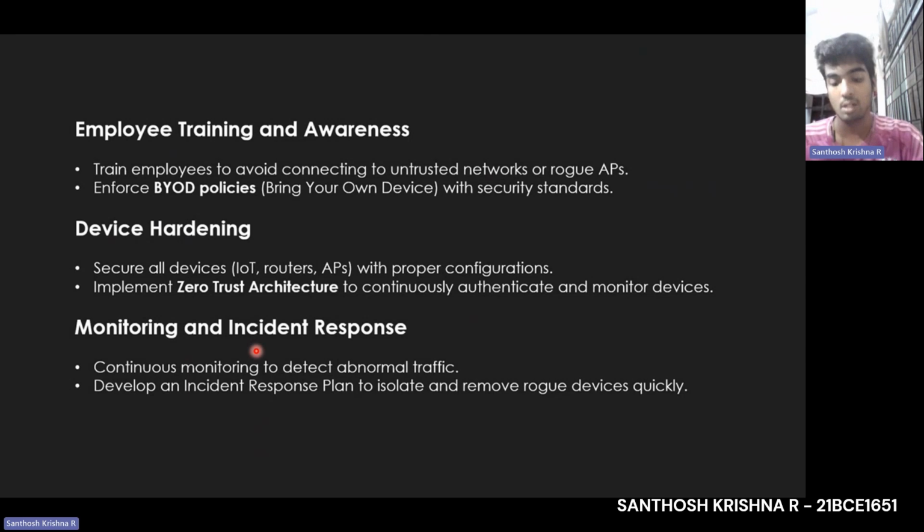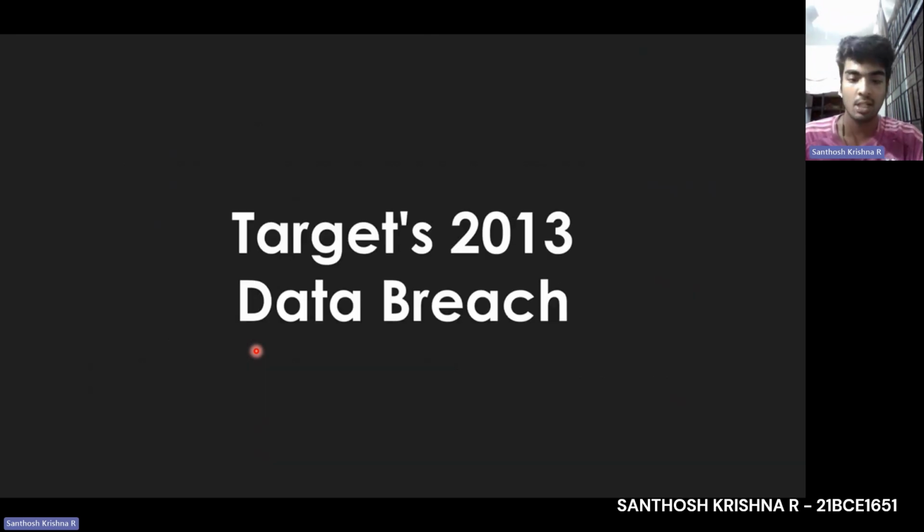And then let's discuss an example of such an attack that has happened in the real world. A real world example of how rogue devices can lead to a breach is the 2013 Target data breach. Target is a very big chain in the United States.